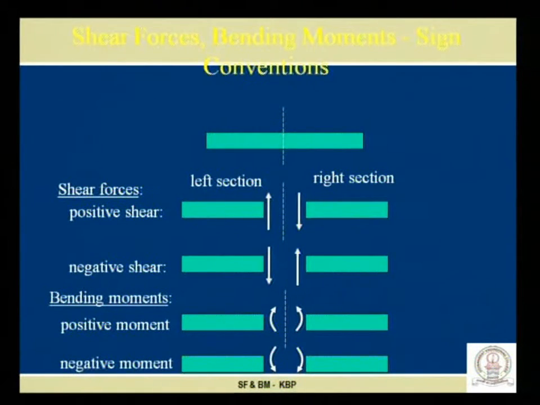The sign convention which we have taken throughout this lecture series is as follows. If this is the beam and I cut it into 2 parts by section XX, then if the left part has a force in the upward direction, or the right part has a force in the downward direction, this is treated as positive shear force.